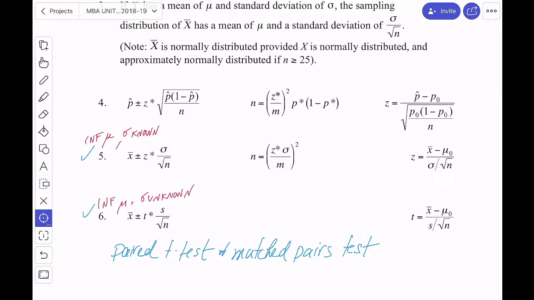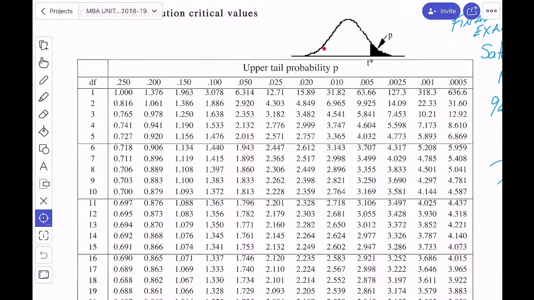Instead, we're going to use the t distribution. The t distribution is different from the standard normal distribution, not in its shape, particularly that it's symmetric around 0, but the t distribution has wider tails, okay?